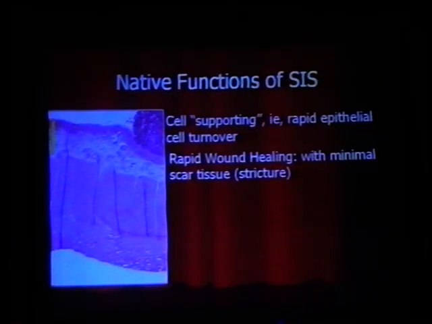So perhaps one of the evolutionary phenomena that's happened is we've got a very efficient wound healing mechanism in this particular area of our body. We can afford to delay healing for a little bit in most musculotendinous tissues, but not in the intestine. So we've got a rapid wound healing, and in addition, it has to heal without scarring, because what happens if the intestine scars? You get stricture, and you might as well not heal, then food doesn't pass.